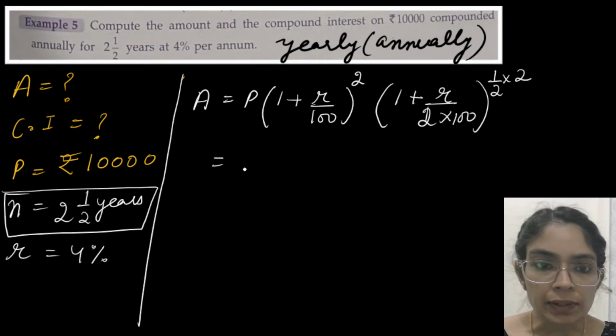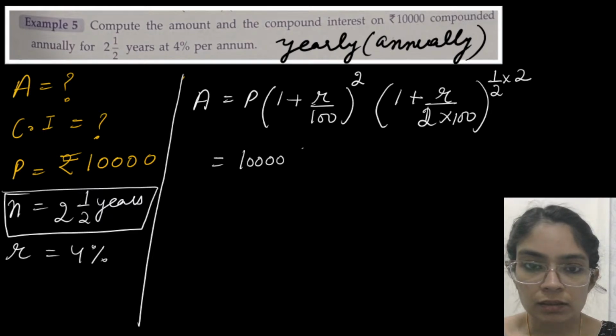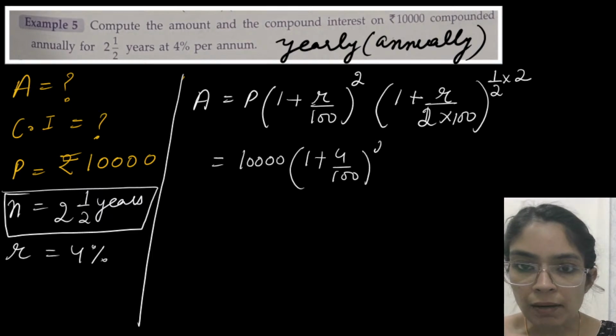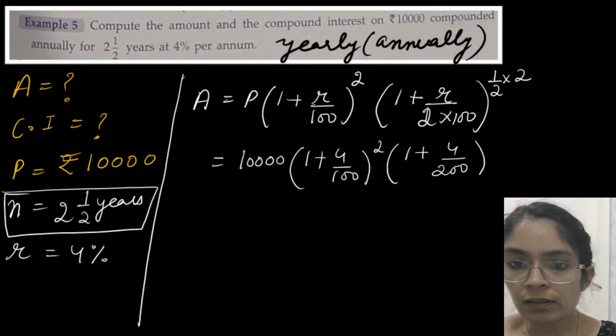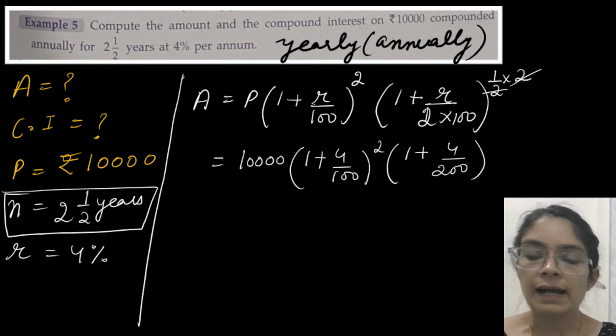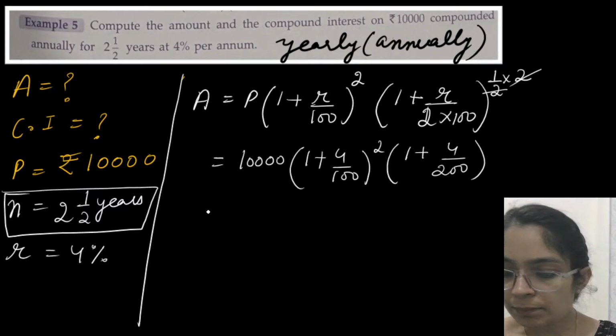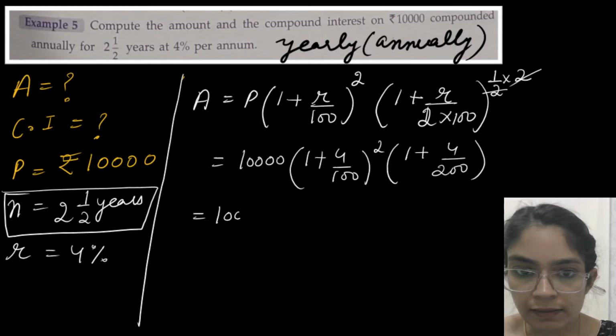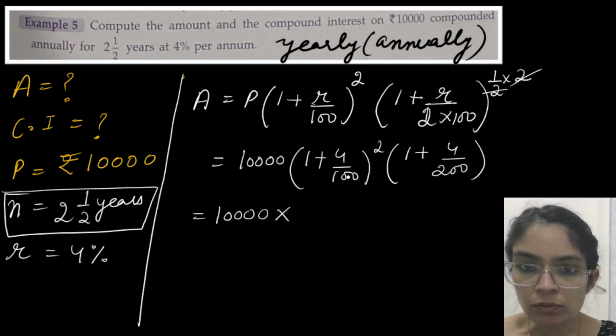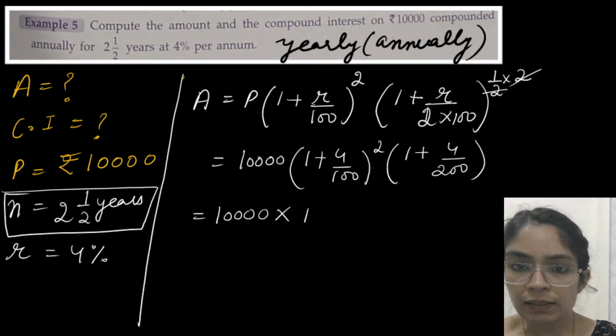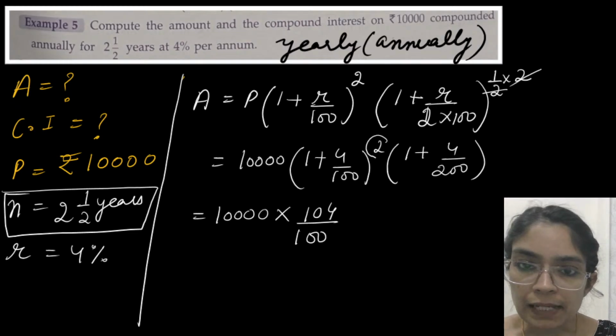Now P's value is 10,000. 1 plus R, R is 4, so 4 by 100 power 2, and 1 plus 4 by 200. 2 and 2 will get cancelled, so power 1. Now let's simplify it further. So 10,000 into, we'll add numerator and denominator: 100 plus 4 is 104 by 100, 2 times, as power is 2.